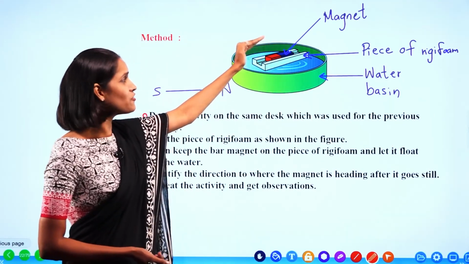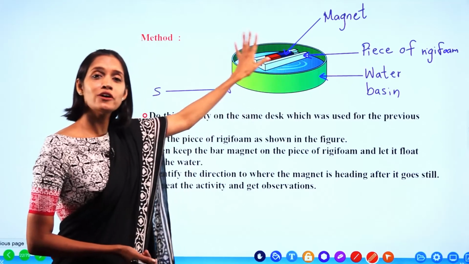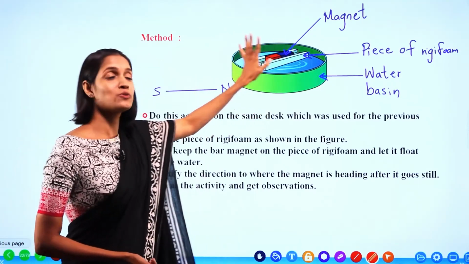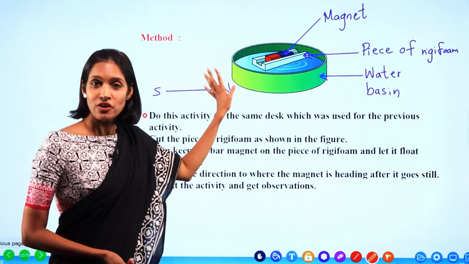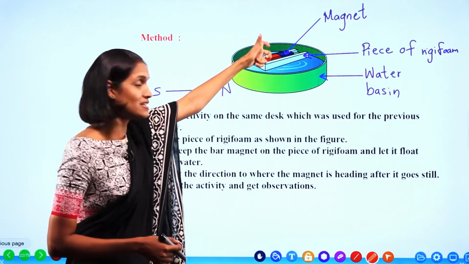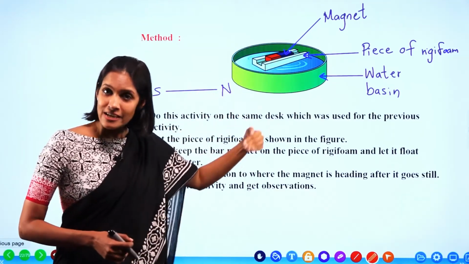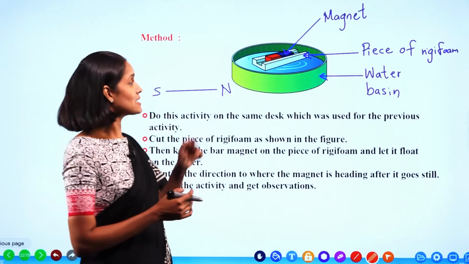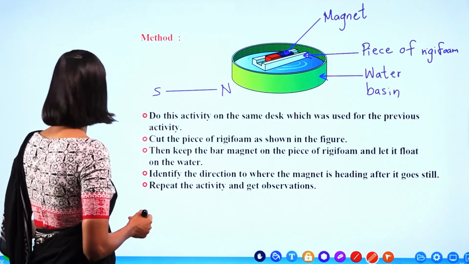The red side of the magnet always faces towards the north direction that we marked, and the blue side always faces towards the south direction that we marked on the table, right? No matter how many times I turn this setup, it again stays still between the north and south directions. Okay, children? Let's write that.